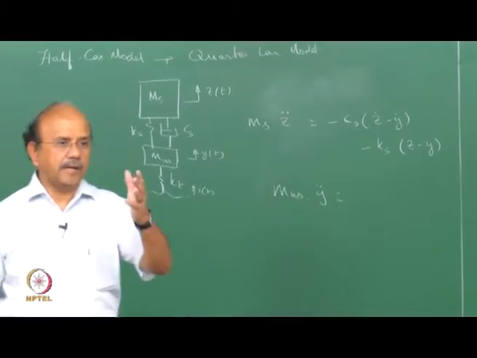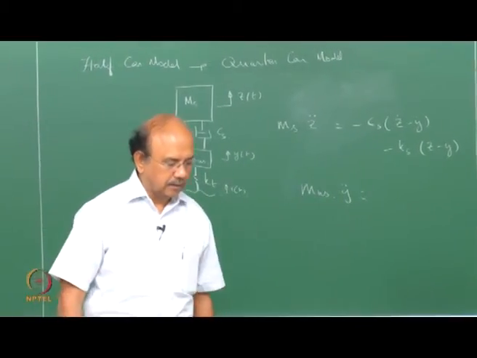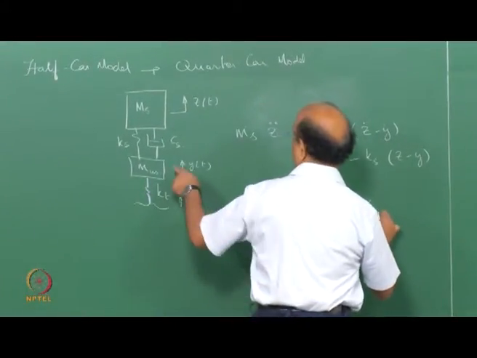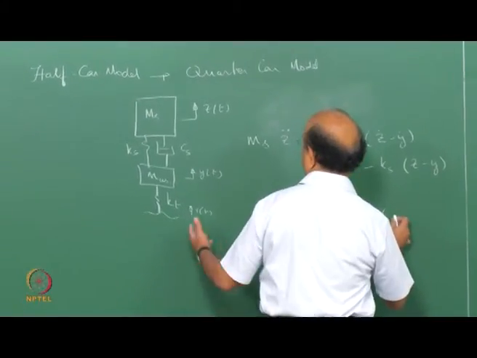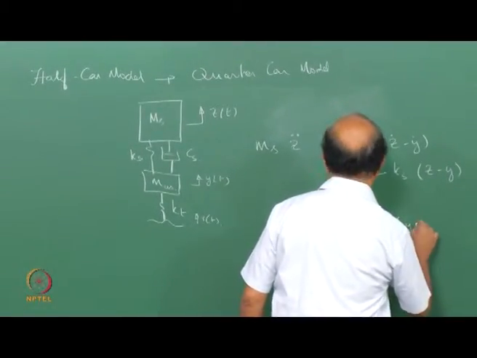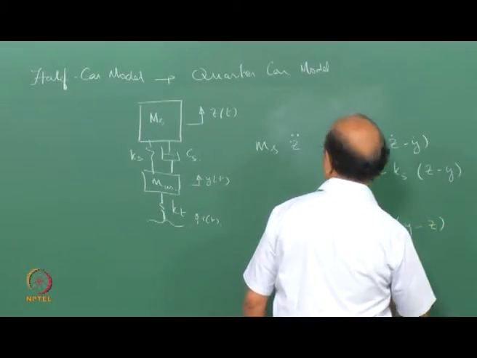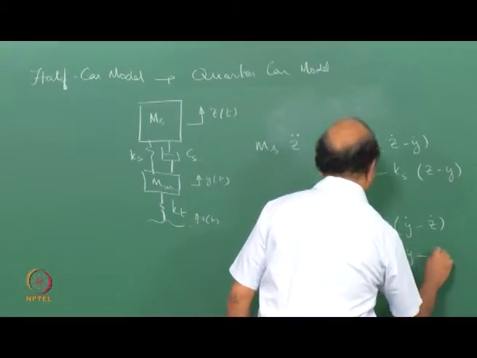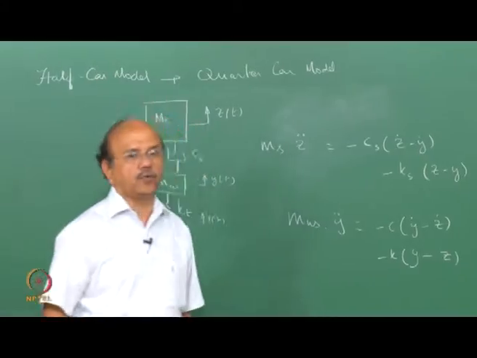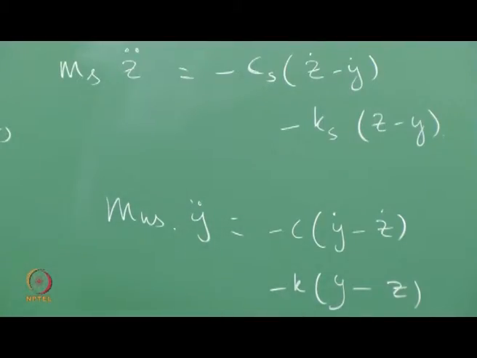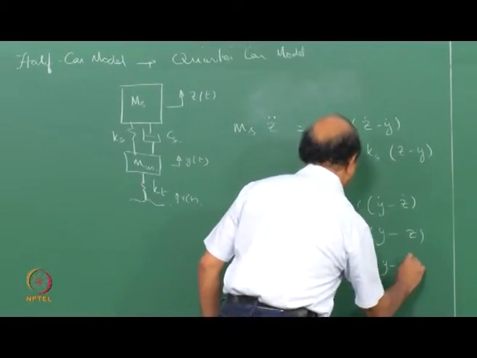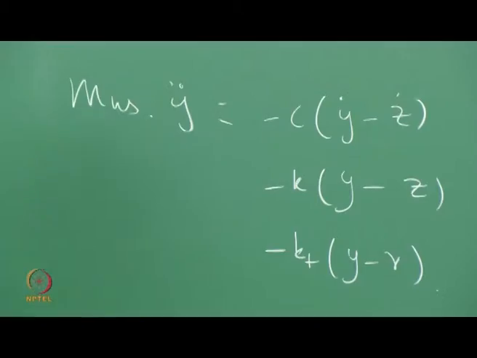Yesterday we did that: write down the forces that are acting. So it will be minus c into y minus z, since it is in the opposite direction, minus k into y minus z. These are the two forces that are acting, and then the tire force, minus kt into y minus r. Right? These are the forces that are acting.